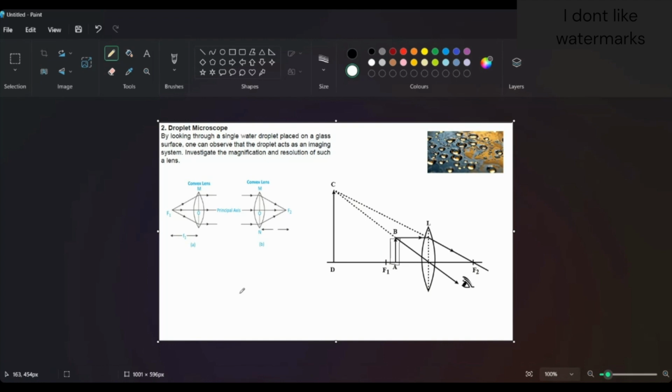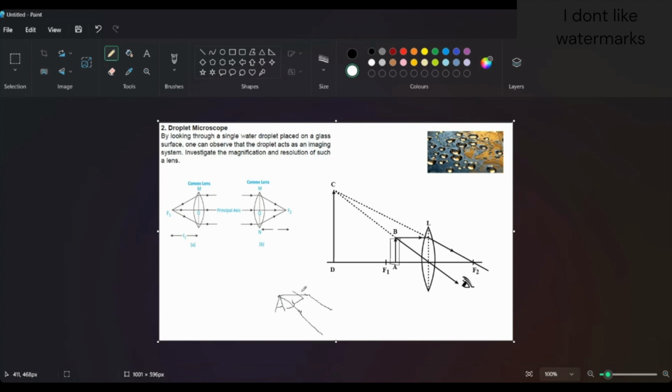So that means if there is this letter A on the paper, it will magnify this A. Let's say these are the rays, and now they are getting refracted.